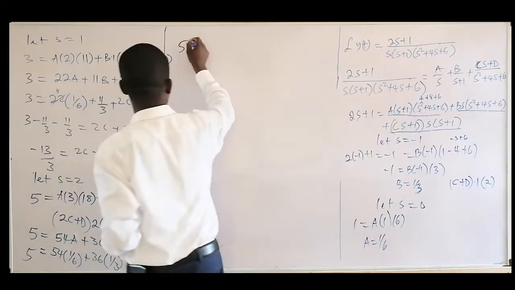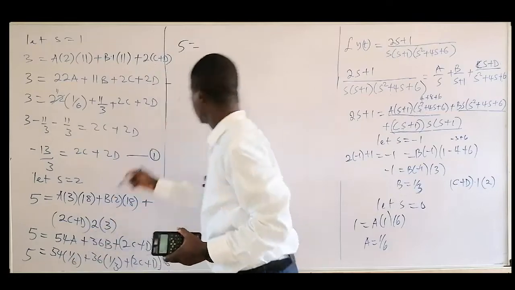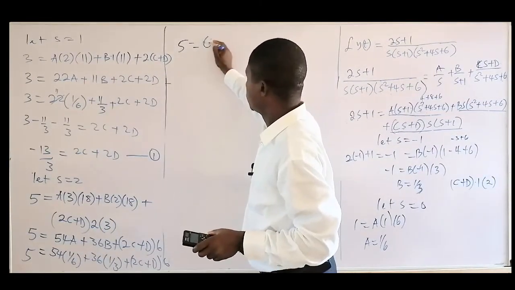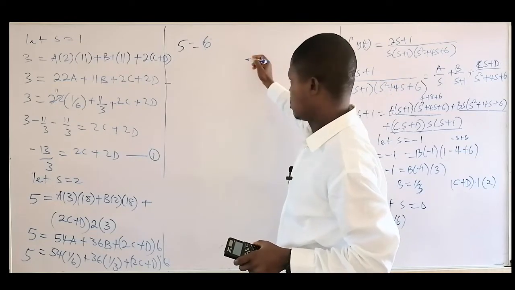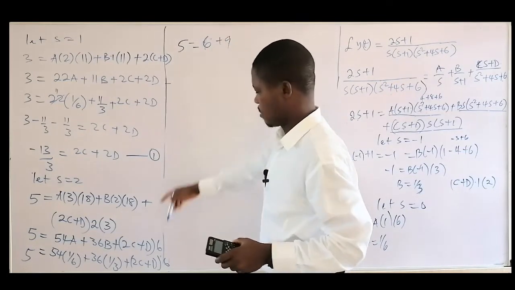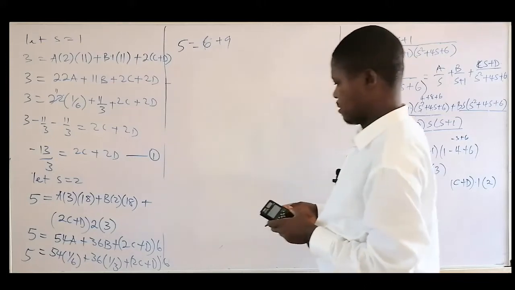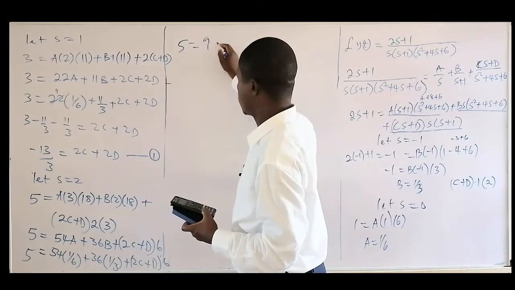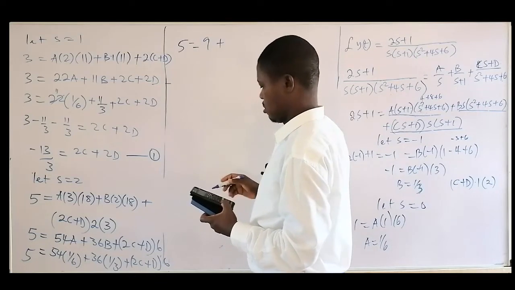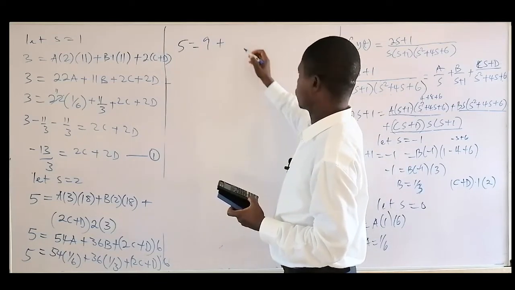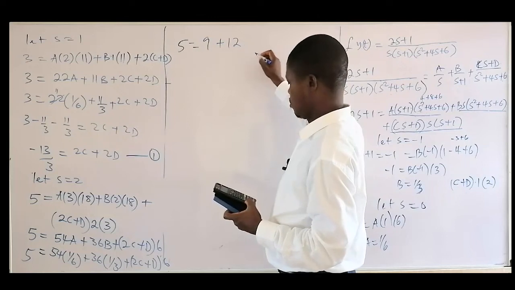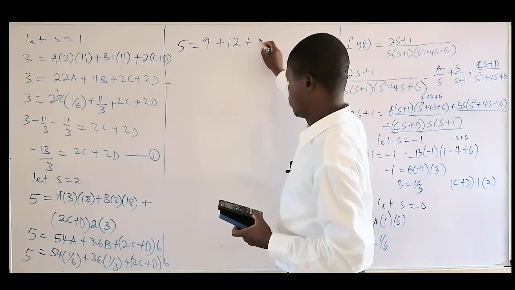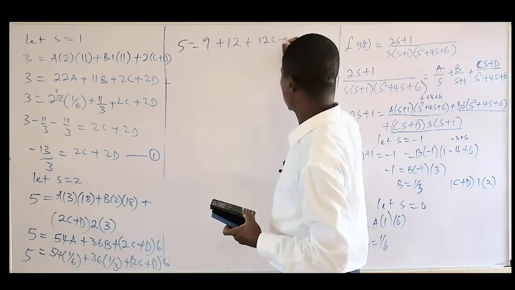So we have 5 equal to 54 over 6, that's 9, then plus 36 times 1 over 3, that's 12, plus 12c plus 6d.